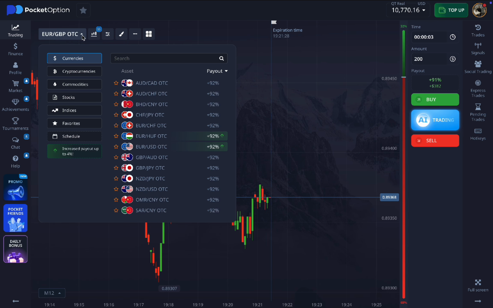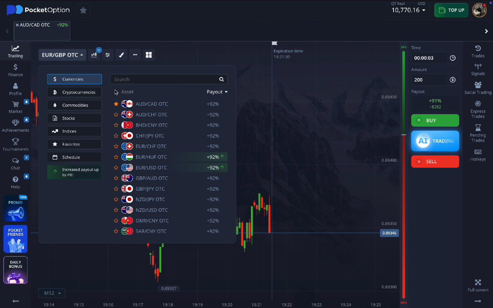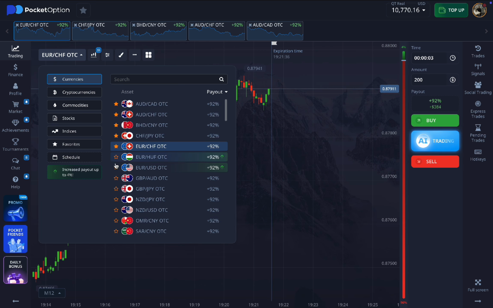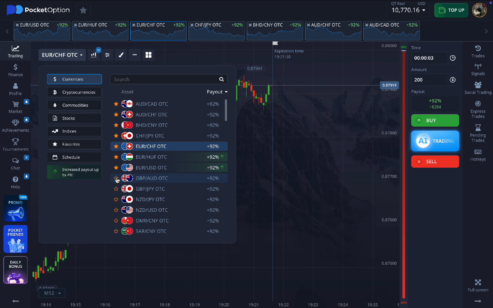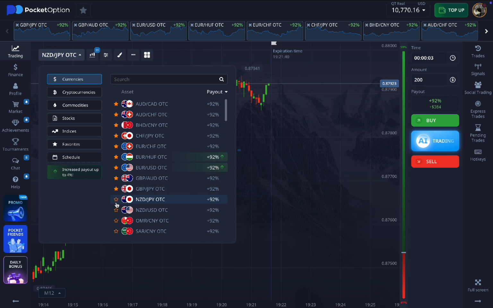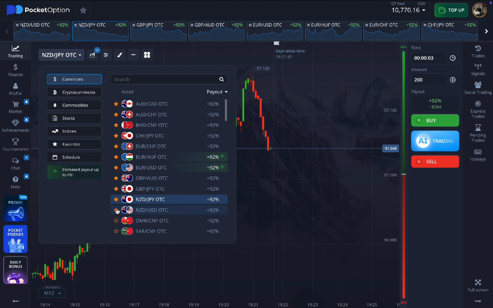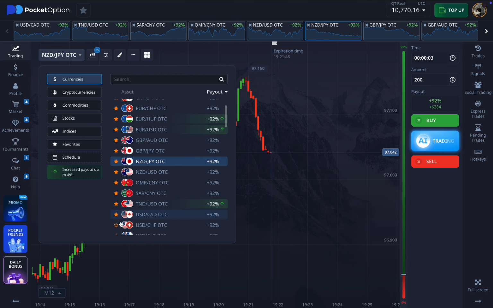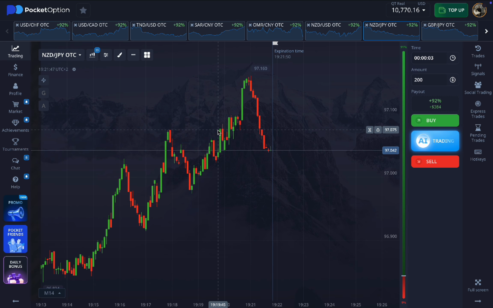Right now, we need to add OTC currency pairs to our favorites, because today we'll have to switch between currency pairs very frequently and quickly in order to use this strategy effectively. Be sure to add OTC currency pairs, because with OTC currency pairs you can open short-term trades, meaning trades of less than 1 full minute in duration. So let's see, I think that's enough. Let's just add this one and that's it.